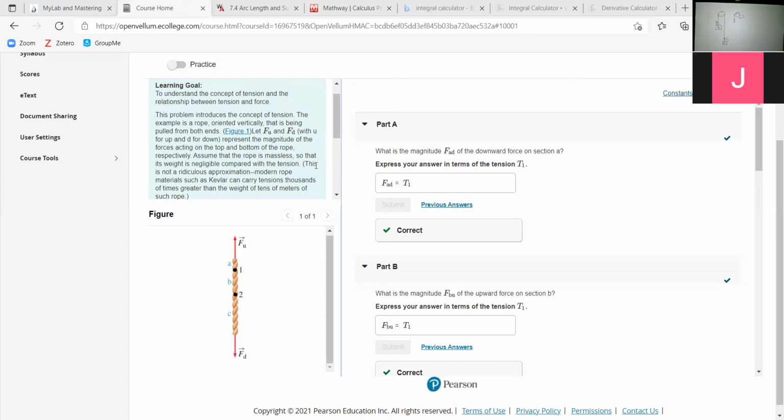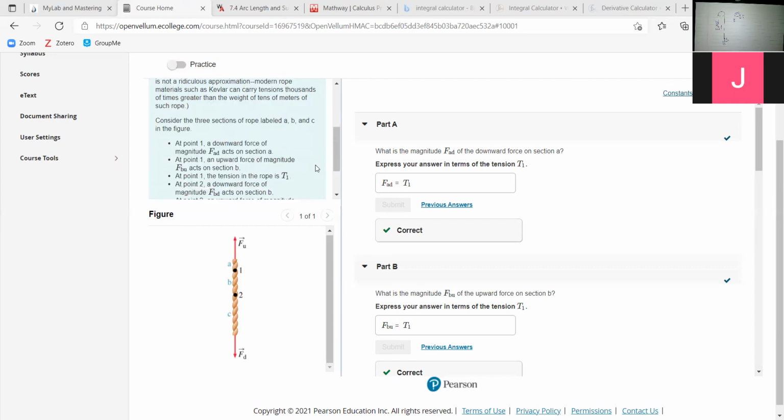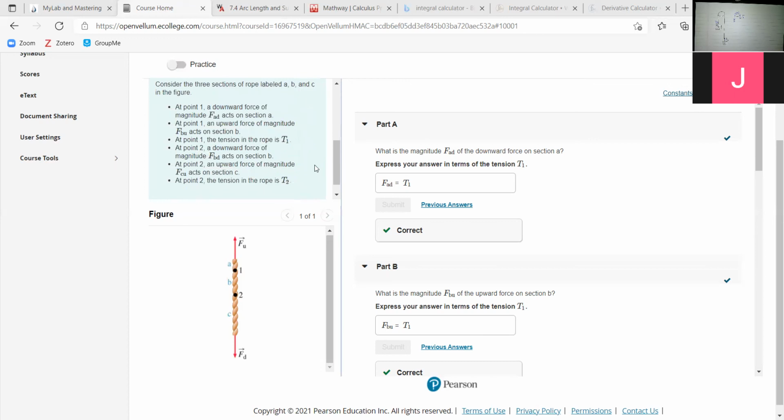This is not a ridiculous approximation. Modern rope materials such as Kevlar can carry tensions thousands of times greater than the weight of tens of meters of such rope. Consider the three sections labeled A, B, and C. At point 1, a downward force, FAD, acts on section A. At point 1, an upward force, FBU, acts on section B.